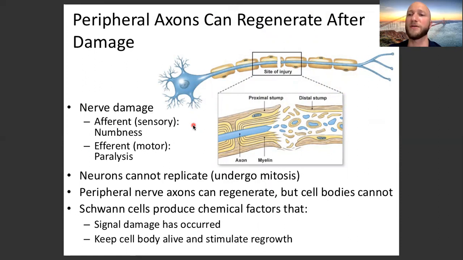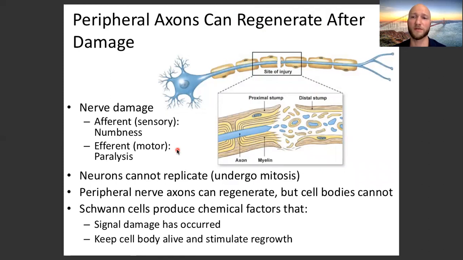If you damage that nerve, what are the signs and symptoms? What are the signs and symptoms of damage to a sensory only nerve? Well, it'd be numbness, a lack of sensation, because it's a sensory nerve. If you damage a motor nerve, what are the signs and symptoms? Lack of motor function. The sciatic nerve is a mixed nerve.